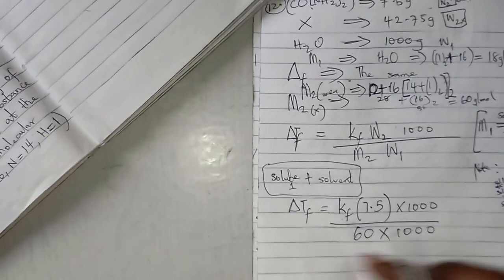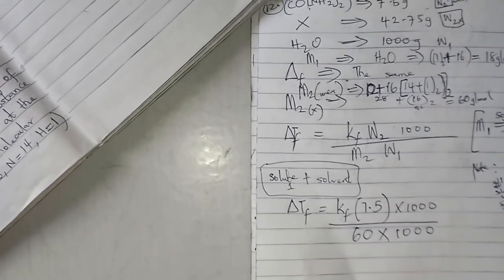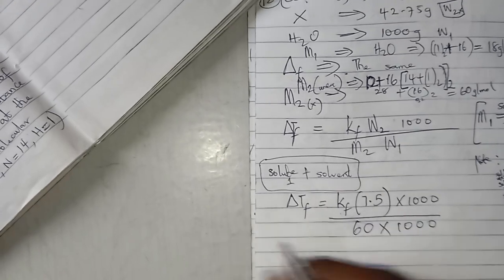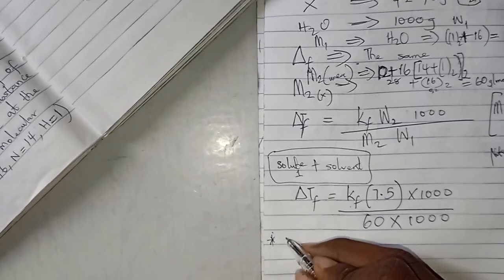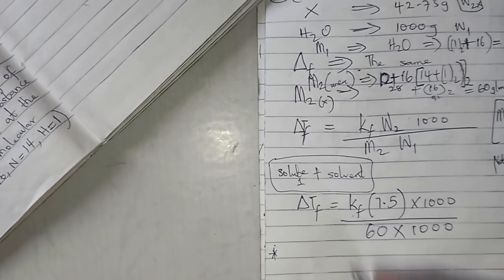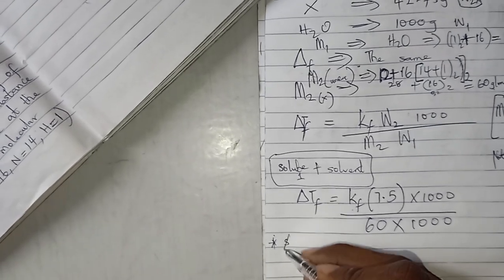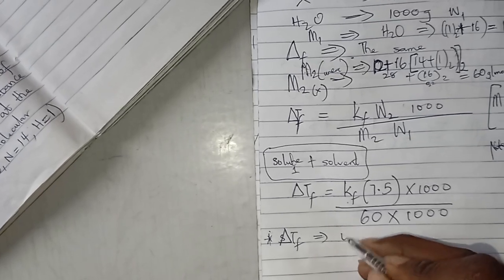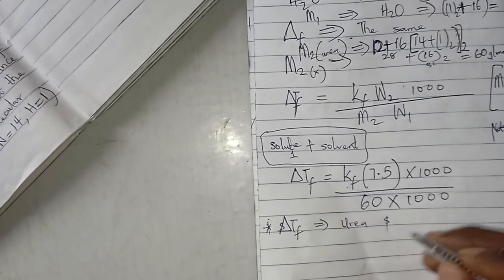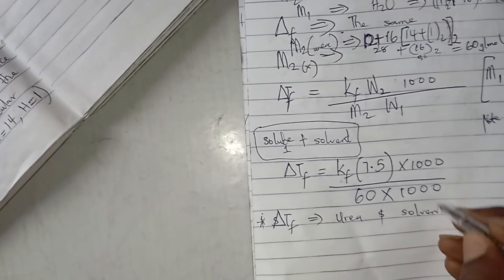Let's say at this point I've gotten the change in TF, the change in freezing point, for urea and solvent, that is H2O.